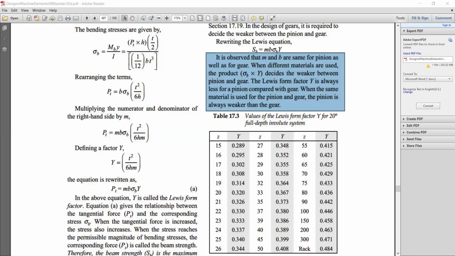That should be identified. And if it is not there, you can choose the next standard. So if 3.25 is not there, I can choose a module of 4, or from the preferred series I can choose 3.5. So based on the available standards you can choose the module dimension.